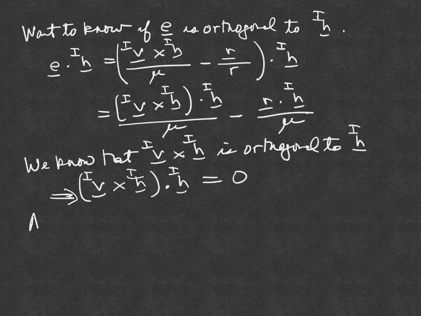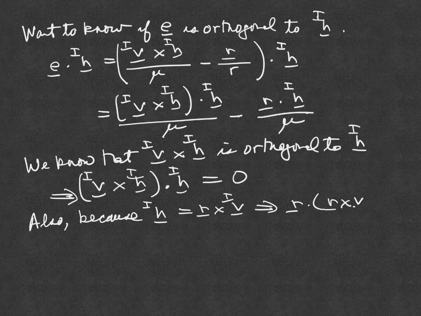And also, because HI is equal to R crossed with VI, that immediately implies that R dotted with R crossed with VI has to equal 0, because R has to be orthogonal to both R, the cross product of R with VI, because the cross product of R with VI is orthogonal to both R and VI, so therefore that's equal to 0.